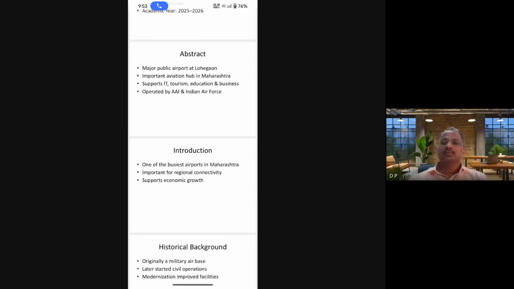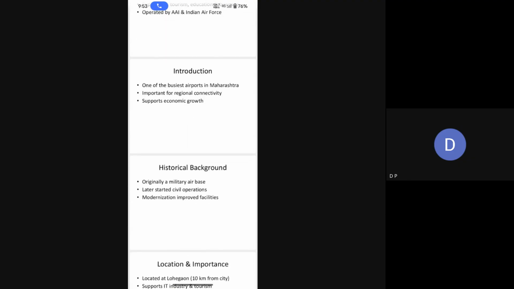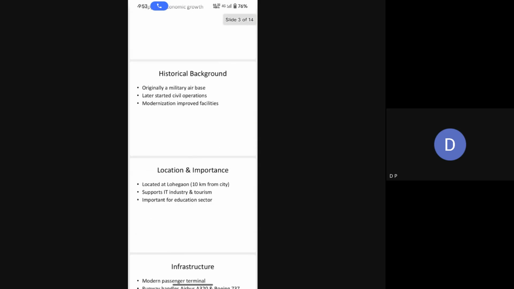Introduction: one of the biggest airports in Maharashtra. Important for regional connectivity. Supports economic growth. Historical background: originally a military air base, later started civil operations, modernization improved facilities. Location and importance: located at Lohegaon, 10 kilometers from the city. Supports IT industry and tourism.